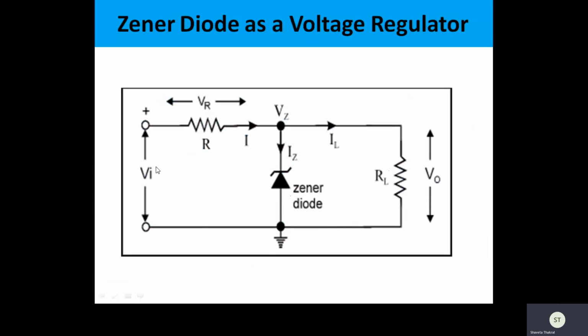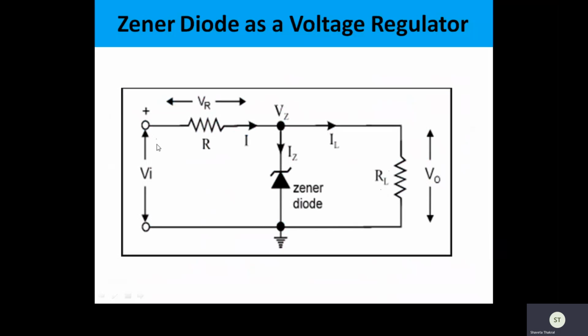So let's say the input voltage is 0 volt, 1 volt, 2 volt, 3 volt, 4 volt, 5 volt, 6 volt. This Zener diode works as a normal PN junction diode. And let's say this voltage gets increased after 6 volt. So we want to protect the load after 6 volt.